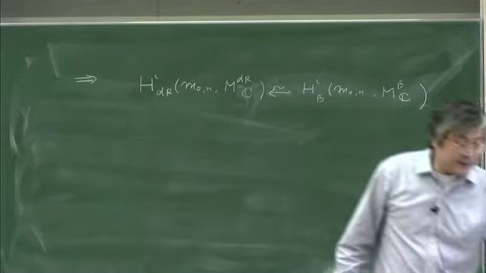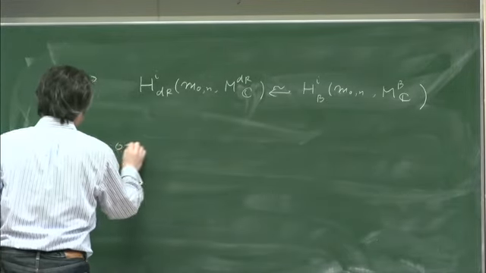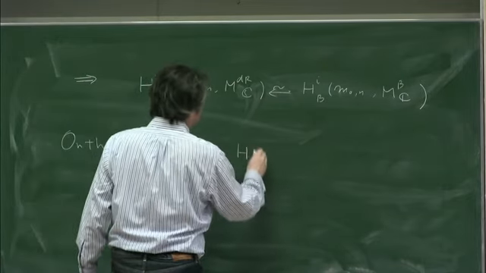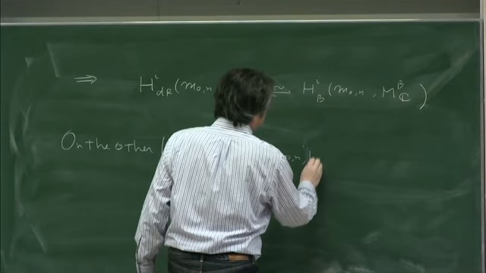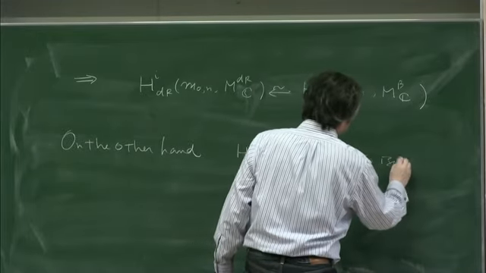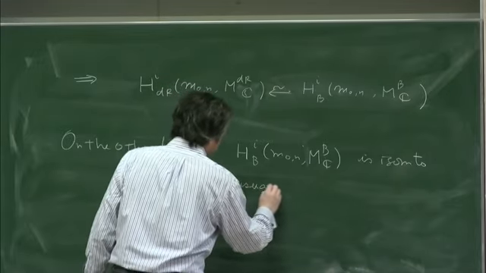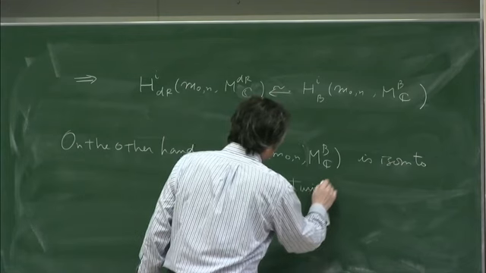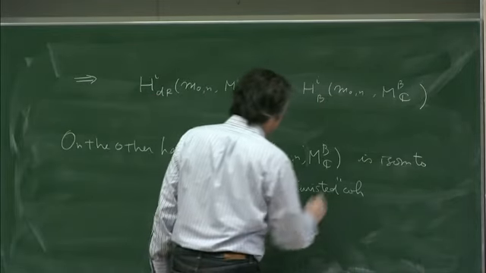On the other hand, for example, H_B of M_0N with coefficients in M_B is isomorphic to the usual twisted cohomology, the usual singular cohomology.